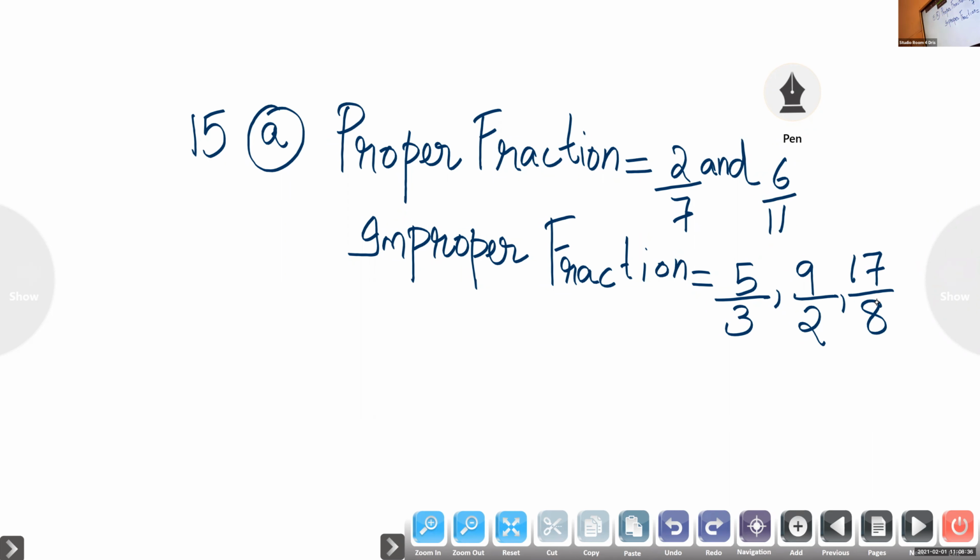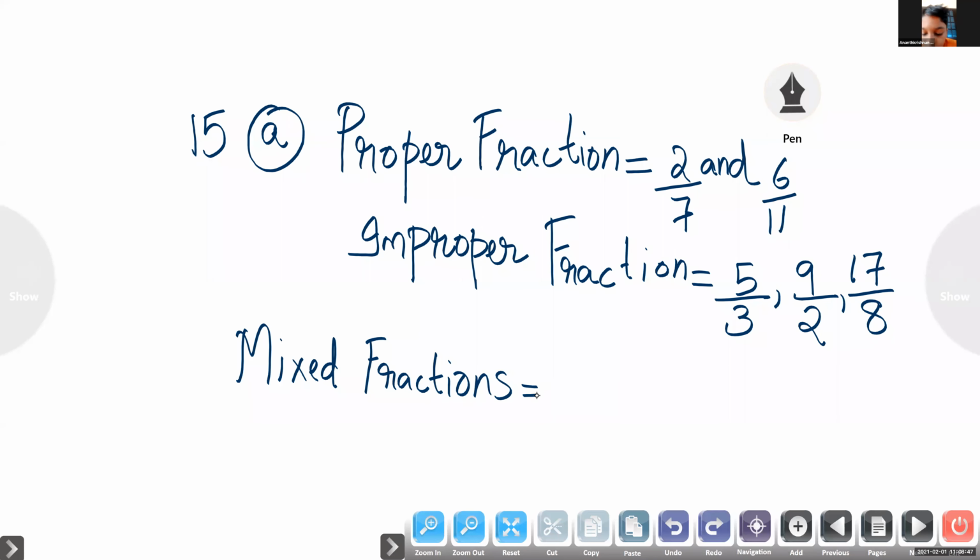Now, children, you have to write mixed fractions. From where?